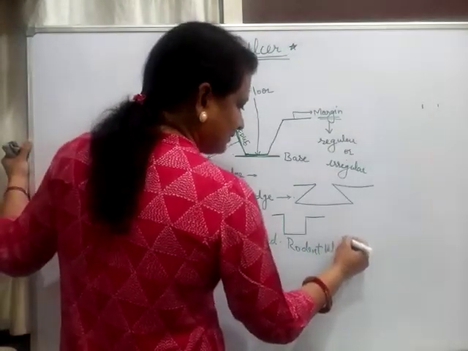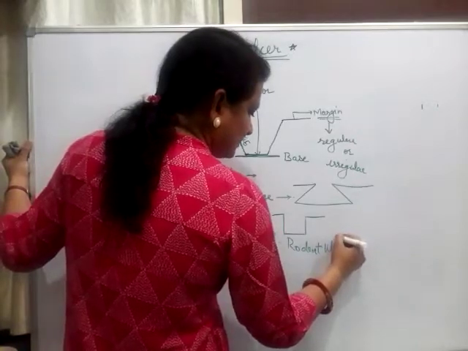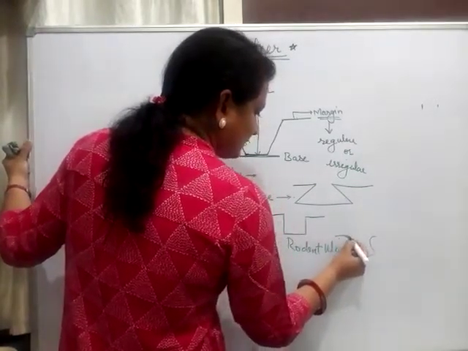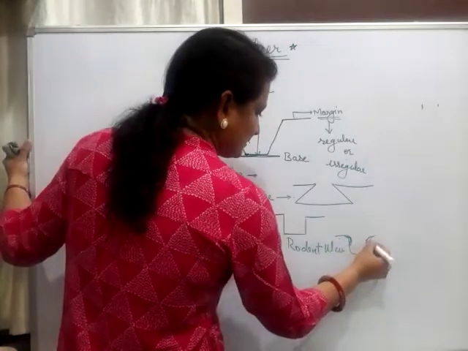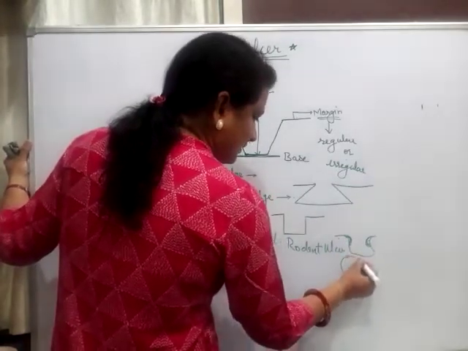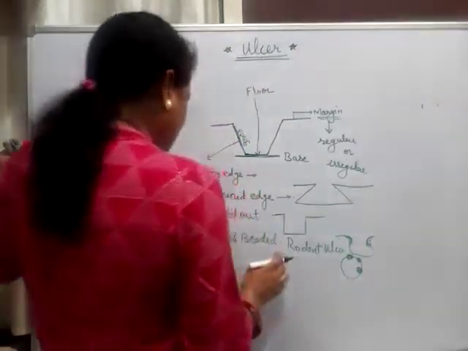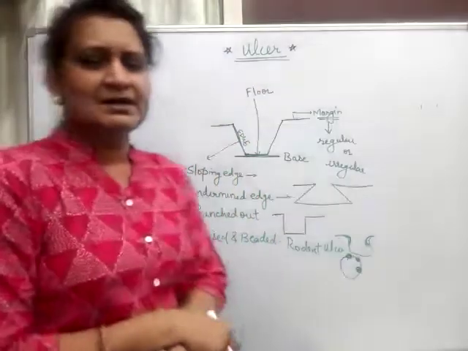Usually, see, this is an ulcer, so here it will be like this, beaded edges. ठीक है, अगर आप ऐसे देखोगे तो ये ऐसे beaded edges of ulcer, गोल गोल. So that is raised and beaded edges.